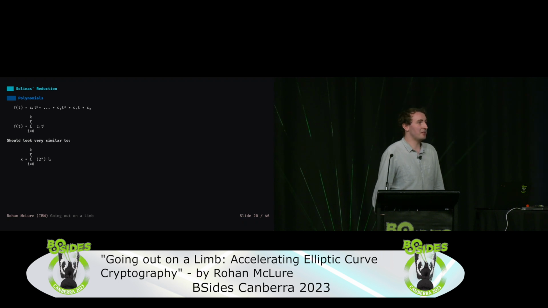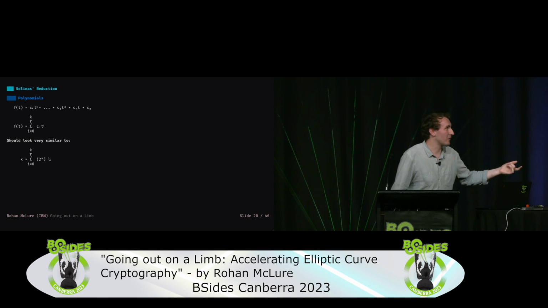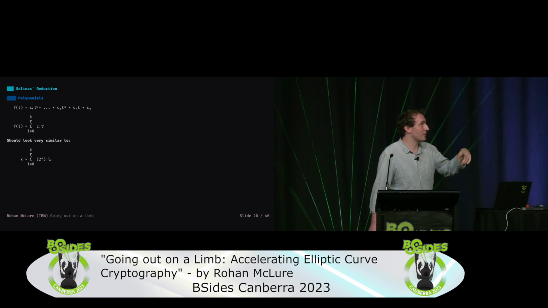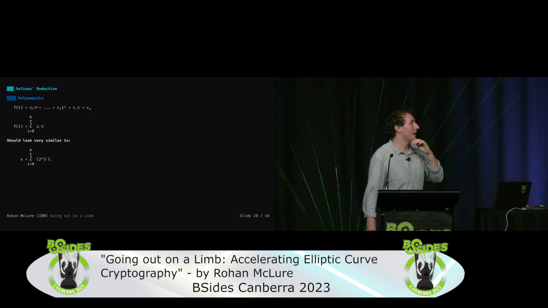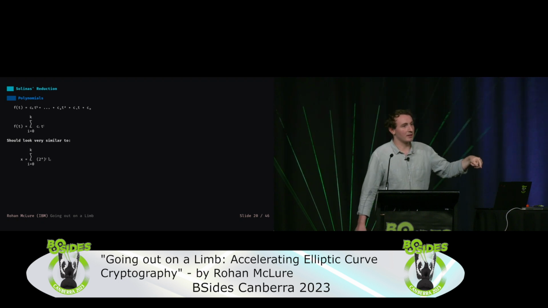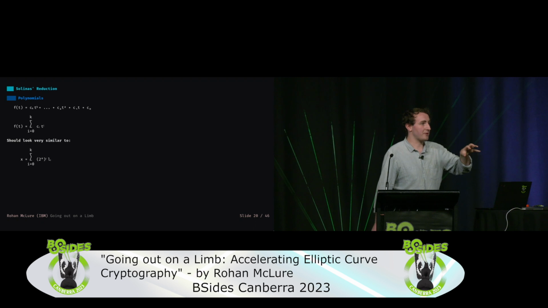A little bit of a primer to understand the rest of this talk. So we know what a polynomial is. A polynomial is just a weighted sum of powers of some variable, let's say t. And you'll observe that in summation form, this looks very similar to the value represented by a multi-limb representation.